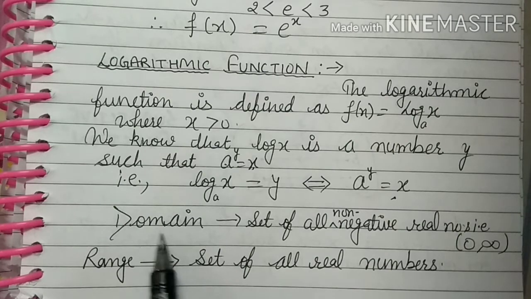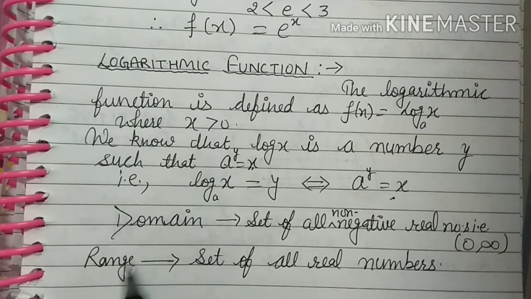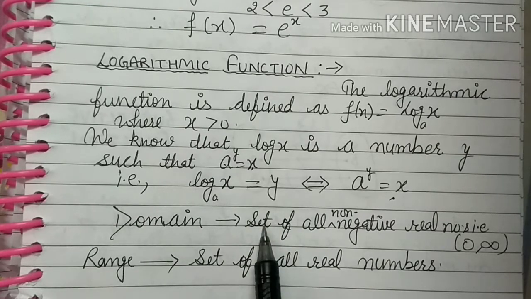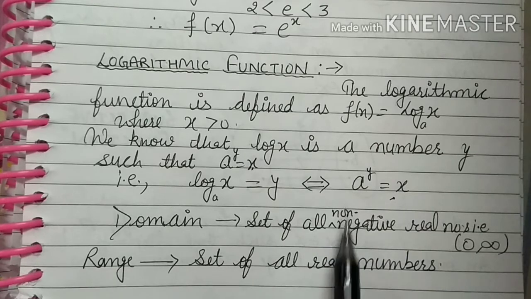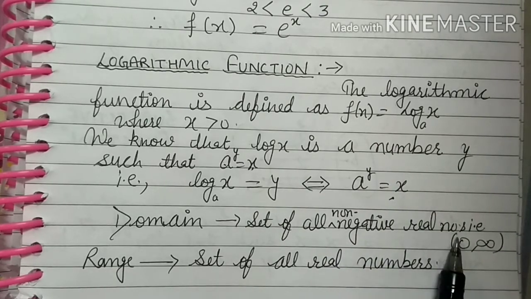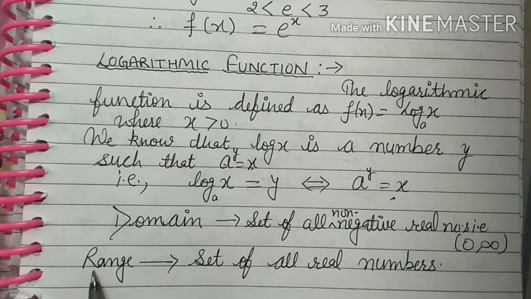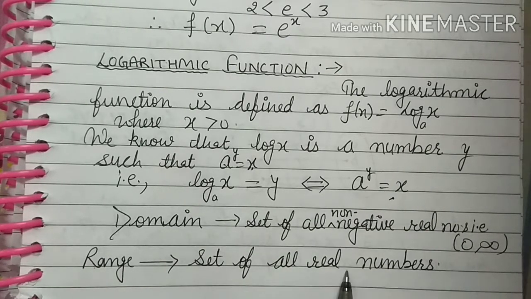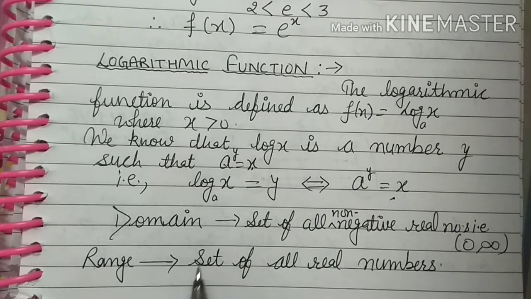Now domain and range. What will be the domain and range of the logarithmic function? So we can say that the domain of the logarithmic function is the set of all positive real numbers, that is 0 to infinity, and the range of the logarithmic function is the set of all real numbers. As we discussed, the logarithmic function is just the inverse of the exponential function.